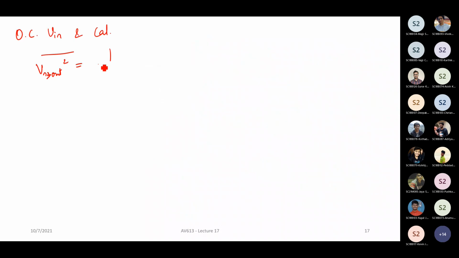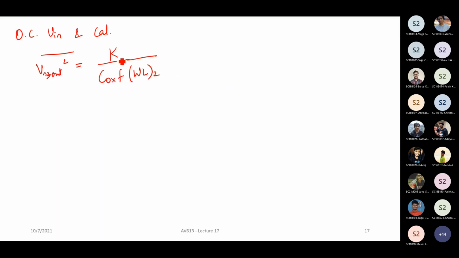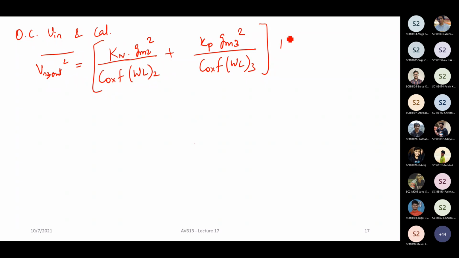So we can write this as 1 by Cox F, Kn times Gm2 squared divided by WL2, plus Kp Gm3 squared divided by Cox F WL3. This is the total current. This whole thing multiplied by R out squared is the output noise.